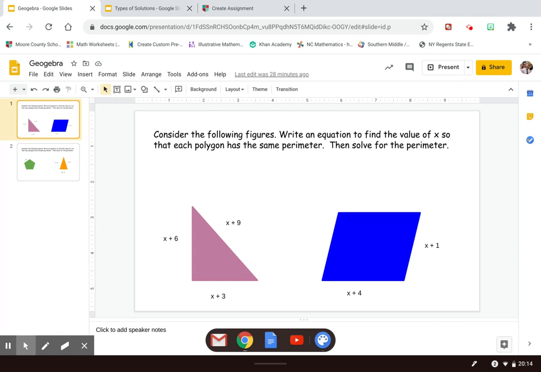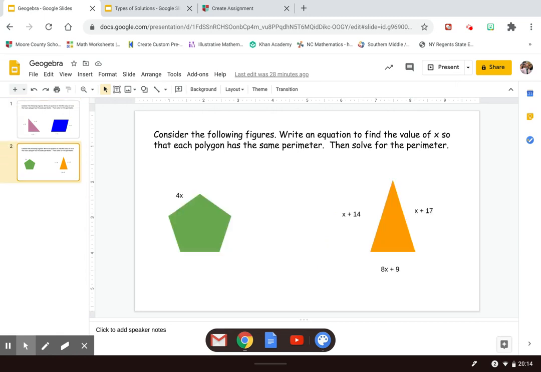All right then. So for the next example, it says again to consider the following figures, write an equation to find the value of x so that each polygon has the same perimeter, then solve for the perimeter. So this time I'm again looking at a triangle, but I also have a pentagon, okay? All the sides of that pentagon are going to be congruent.